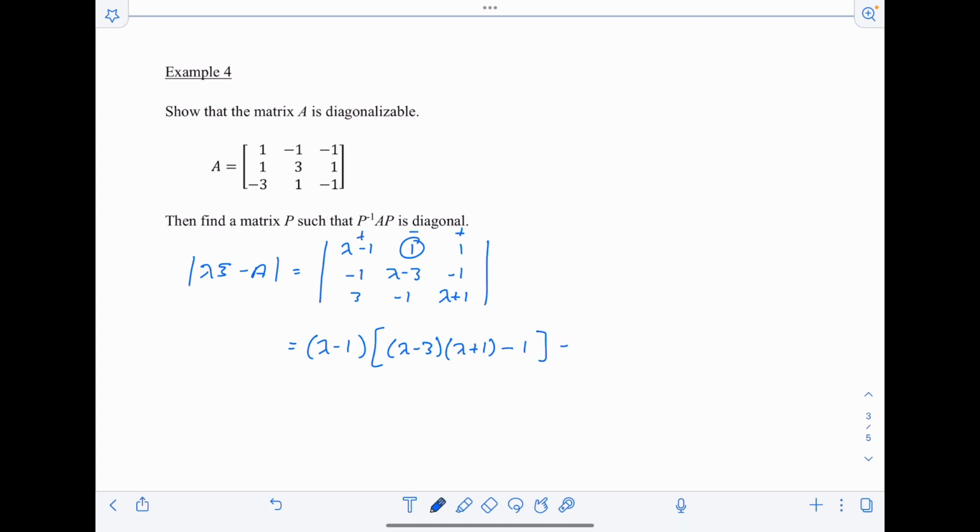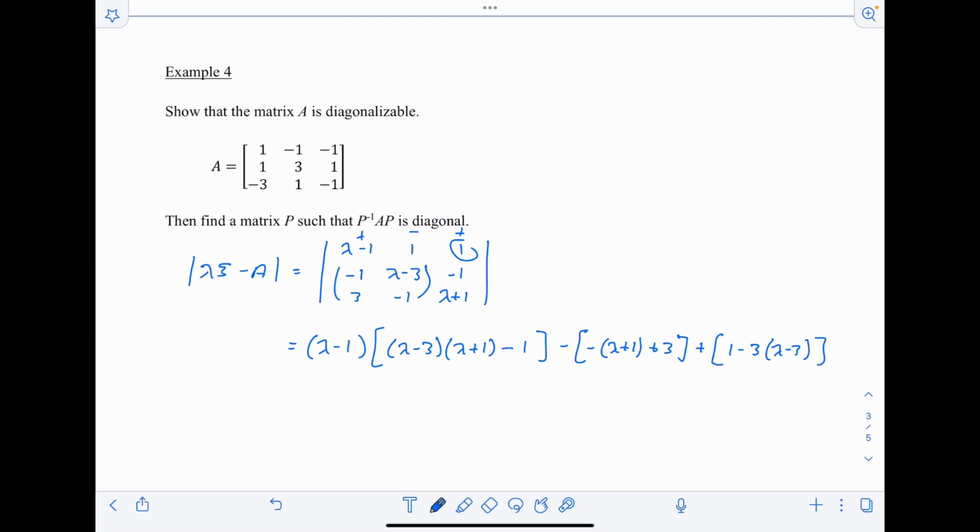So minus 1 times the determinant of -1 times lambda plus 1, minus a -3, so that's going to be a plus 3. And then looking at the last one, that's going to be plus 1 minus 3 times lambda minus 3.